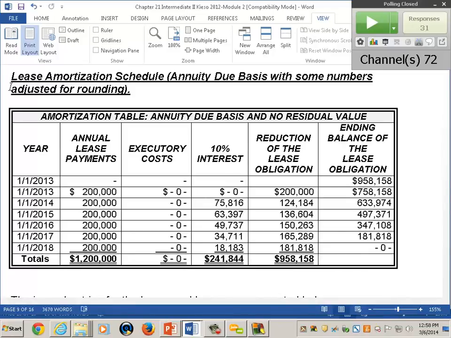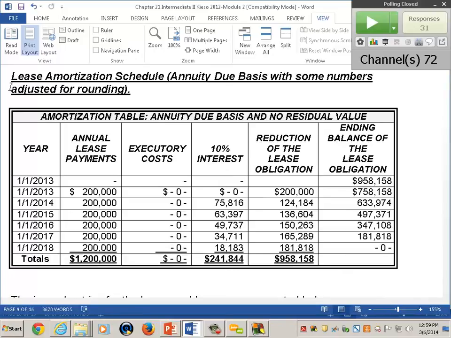Here's the real issue. The biggest problem or the confusion when people see this for the first time, and I was explaining it a little earlier today, is that the payments come off up front. So when you look at this on January 1 of 2013, as soon as you lease the equipment, you make the first payment.